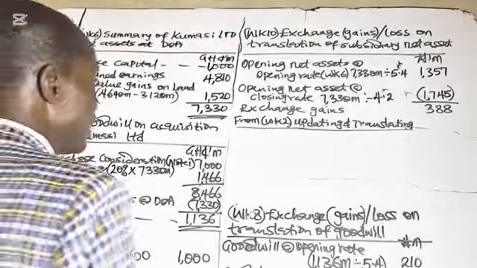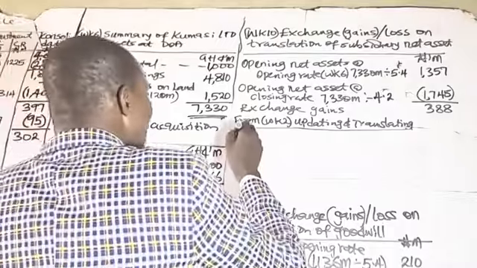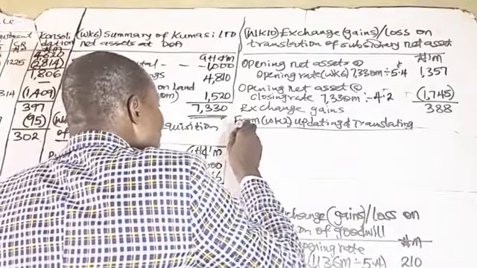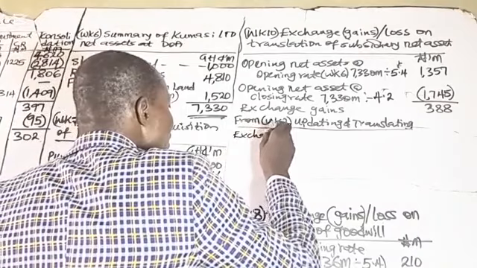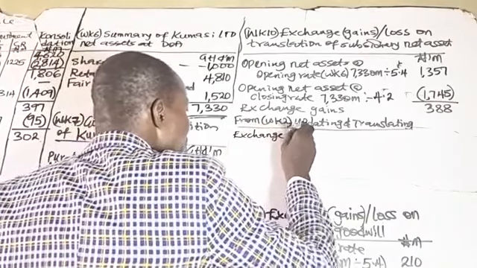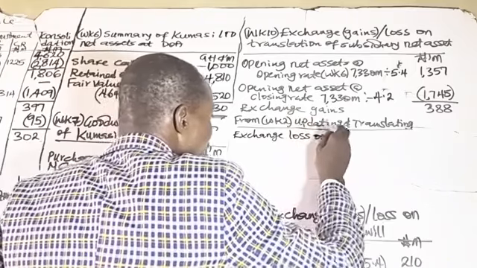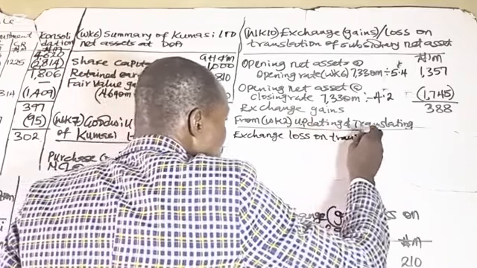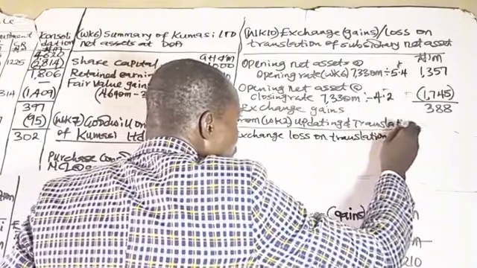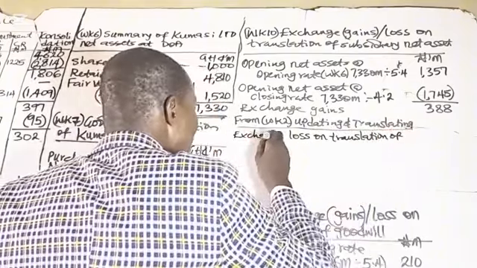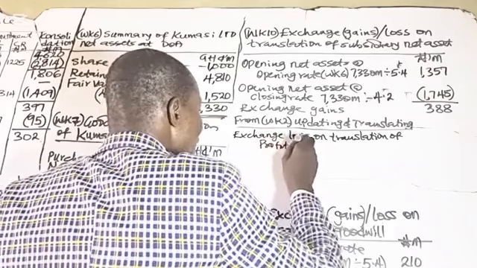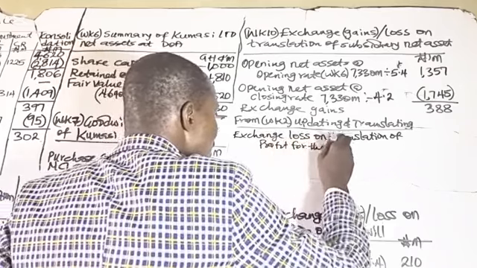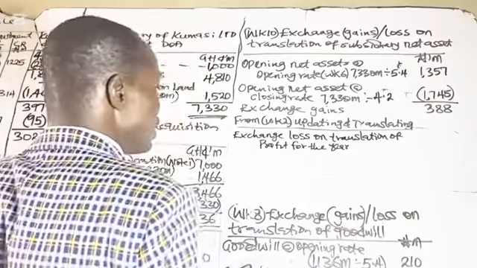So we now have exchange loss on translation of profit for the year at average rate.